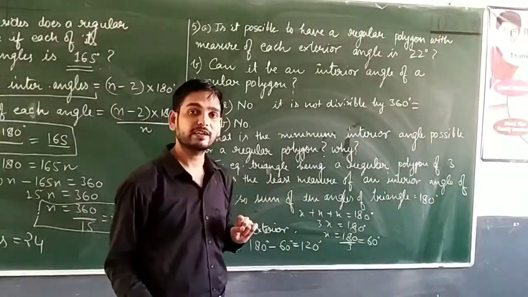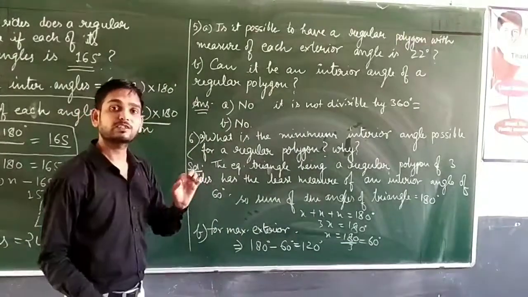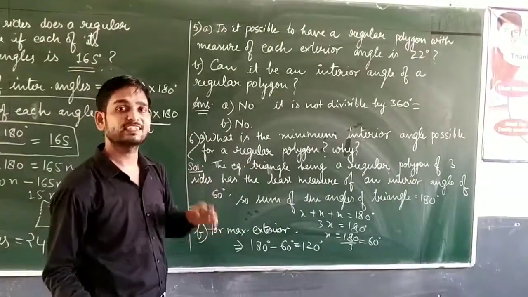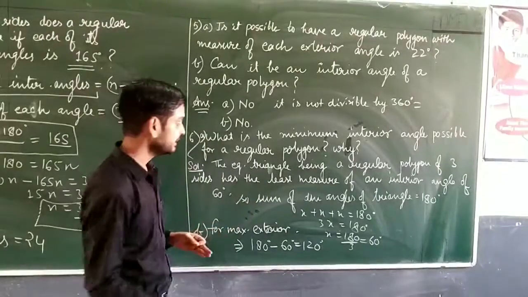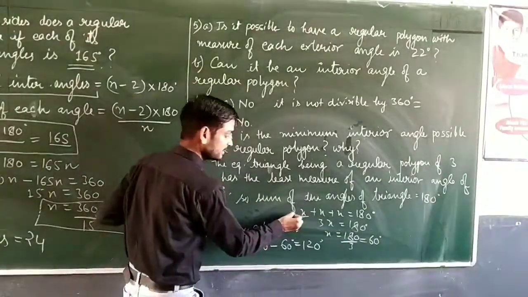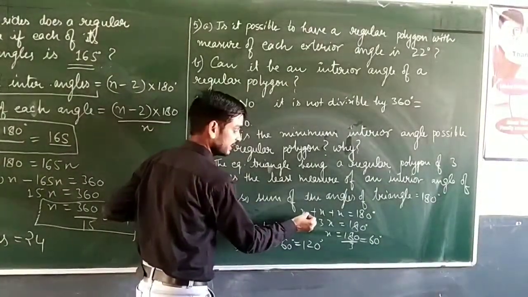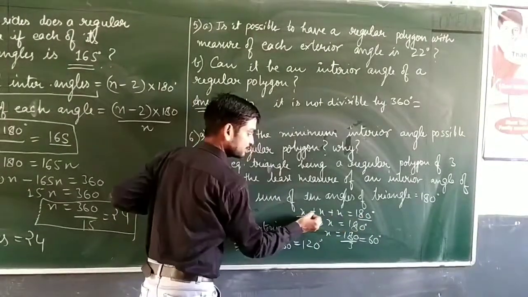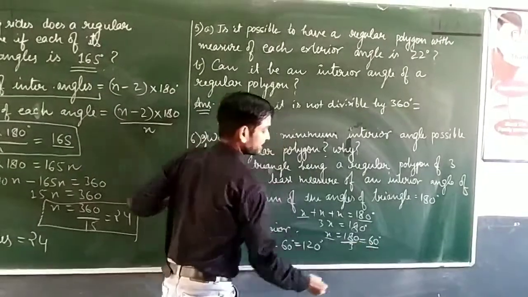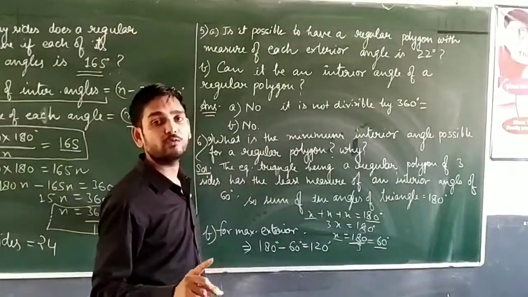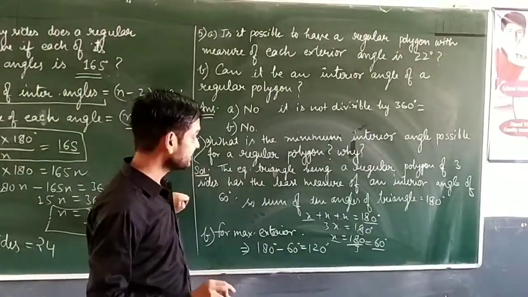In the equilateral triangle, we know each angle is 60 degrees. That means 60 plus 60 plus 60 is 180 degrees. If we assume x, the sum of the angles of a triangle is 180 degrees. That means x plus x plus x is equal to 180 degrees. So the x value is 60 degrees. That means one angle of an equilateral triangle is 60 degrees.